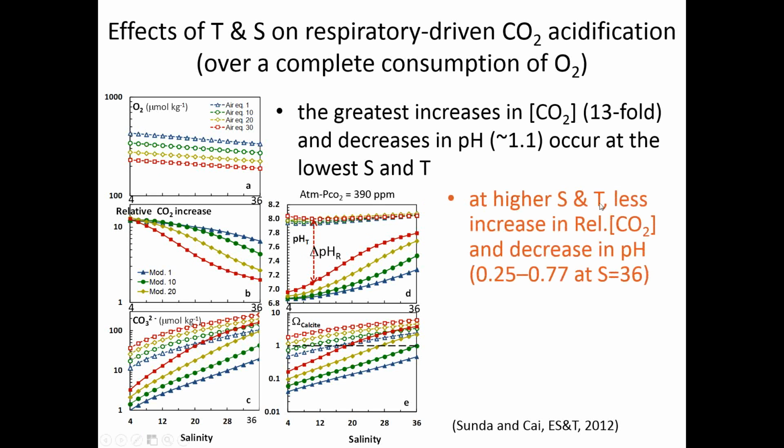And at high salinity and temperature, there is less increase in this relative CO2, and it's more spread around, okay? Less increase in CO2 and decrease in pH. So instead of 1.1 pH unit on this end, we have 0.25 to 0.77 pH unit decrease at salinity 36.